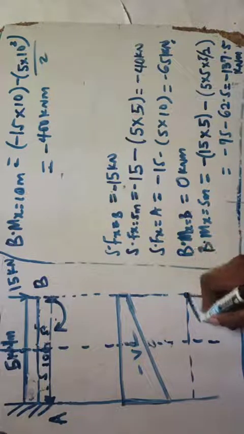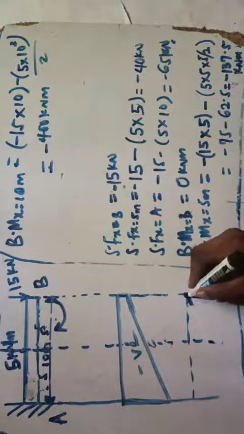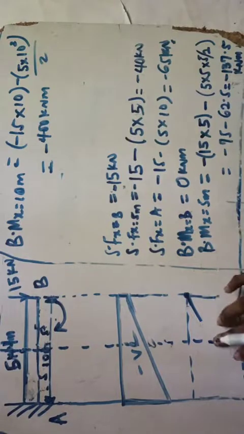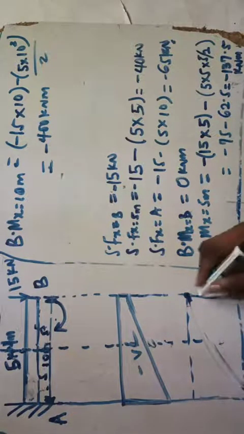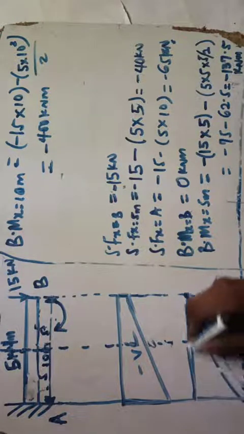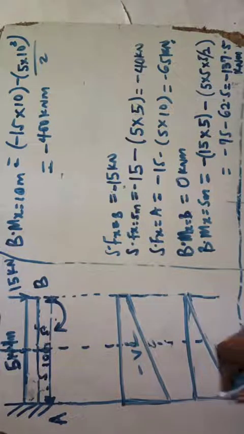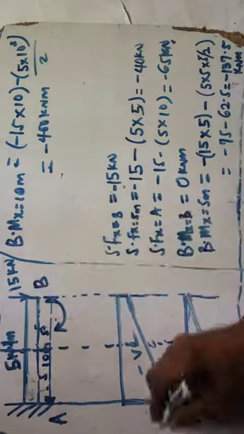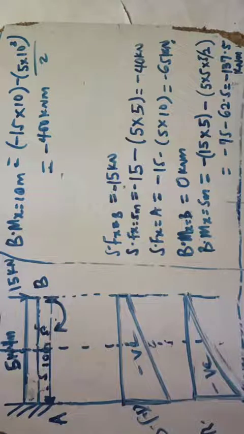So it will be like this, somehow curved, then minus 400, and minus 400 like this. So this is the shear force diagram and bending moment diagram thereabout. So that is that about that.